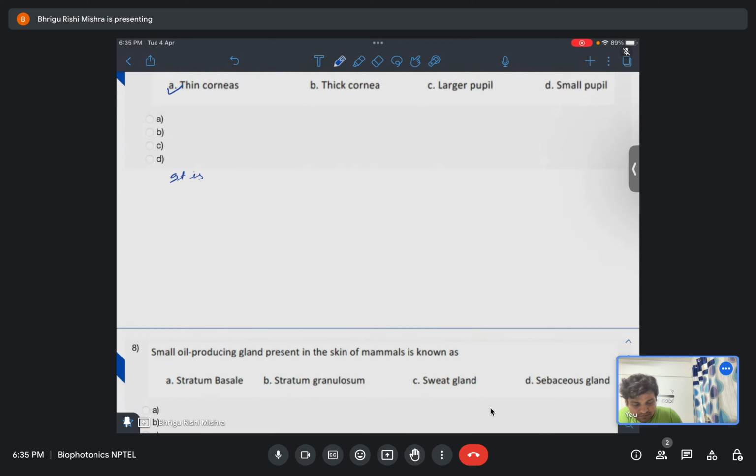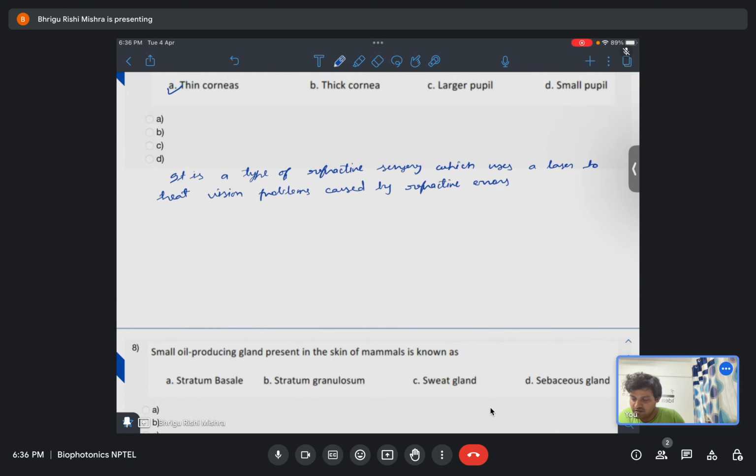It is a type of refractive surgery which uses a laser to treat vision problems caused by refractive errors.